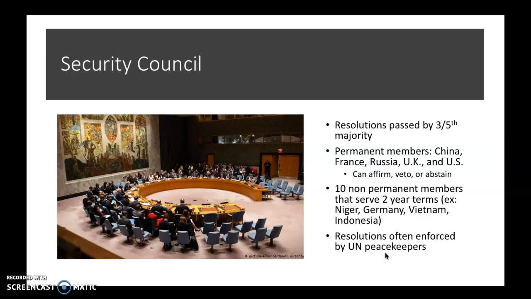And currently there are over 100,000 UN peacekeepers all over the world. In addition to that, there are 13 current peacekeeping missions. One of them, for example, is in West Africa in a country called Mali. There's another UN peacekeeping mission in the Congo, and then several other peacekeeping missions in parts of Latin America and Asia. So the decisions that the Security Council makes should not be taken lightly as a result.